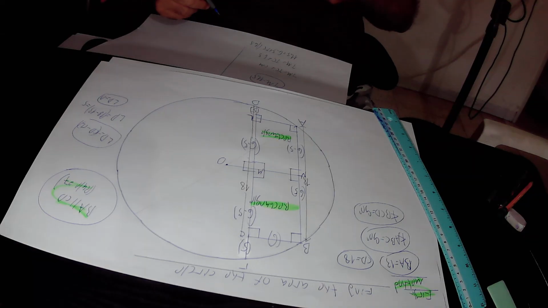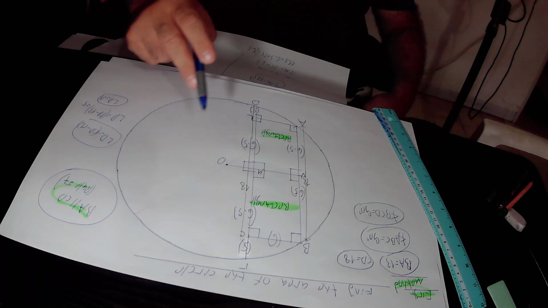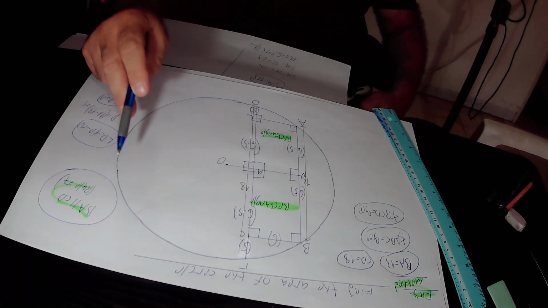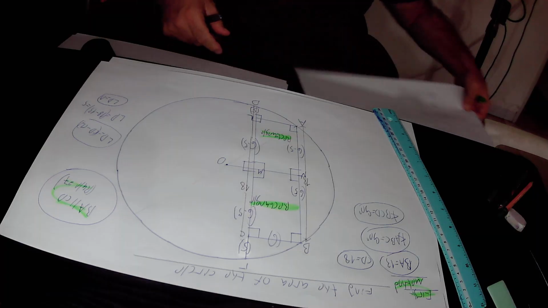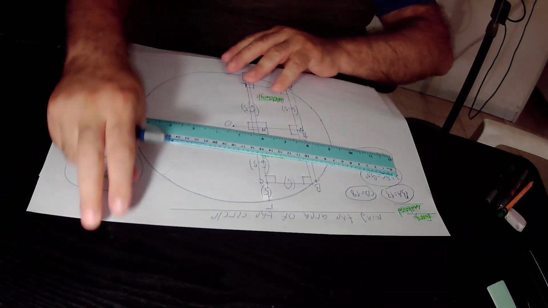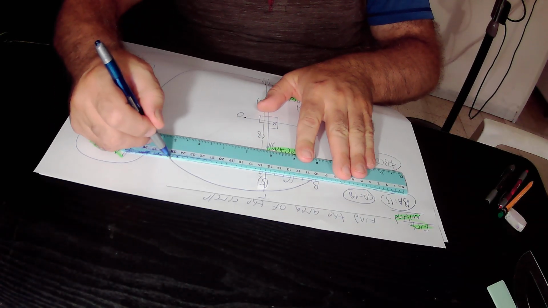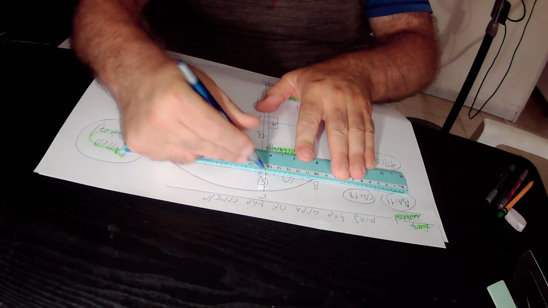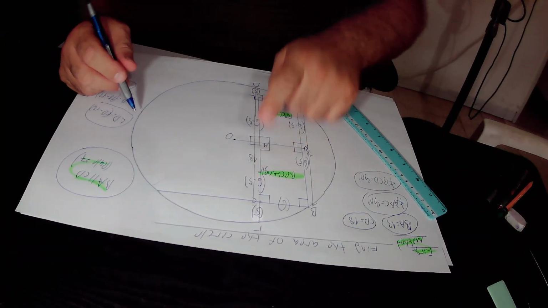In the next step, we will extend line segment BC by a straight line until it touches the circle. And we will define the touching point of the extended line segment BC with this circle.